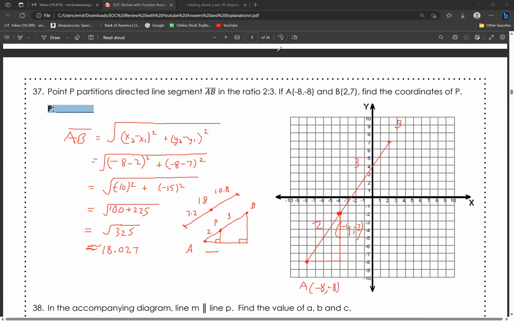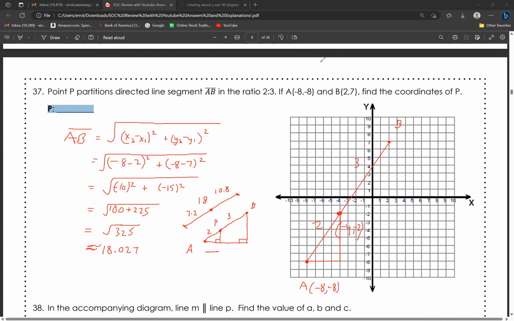But if they give you the graph, then just use the graph and you can estimate where it is. Okay. All right, that was what, 37? All right.